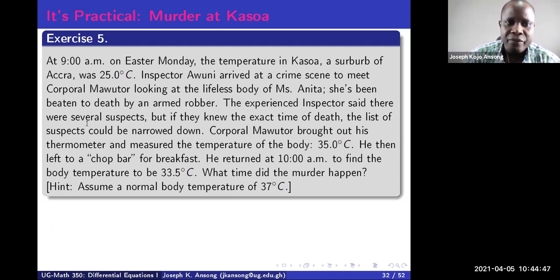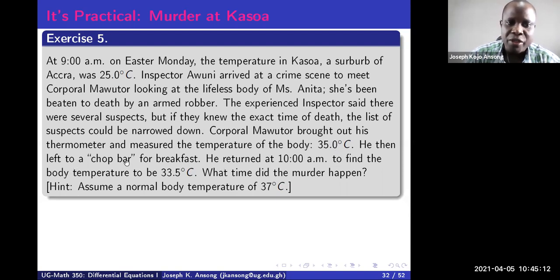She has been murdered, beaten to death by an armed robber. Corporal Mauto then brought out his thermometer and measured the temperature of the body. It was 35 degrees Celsius.